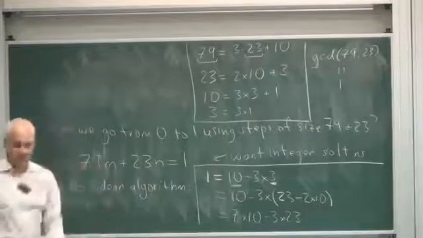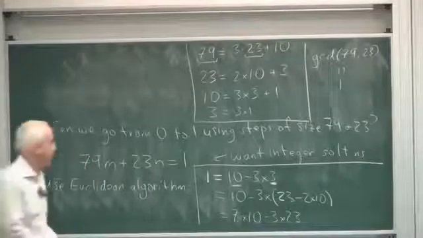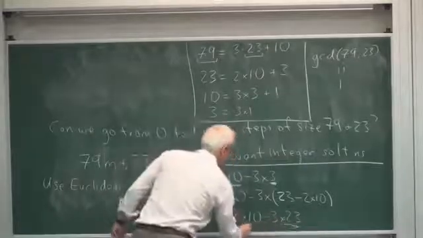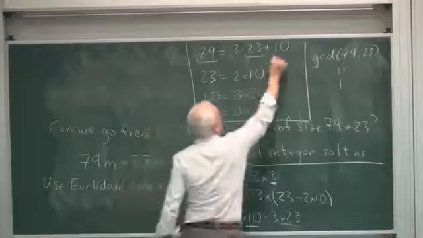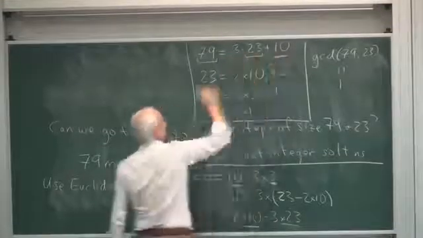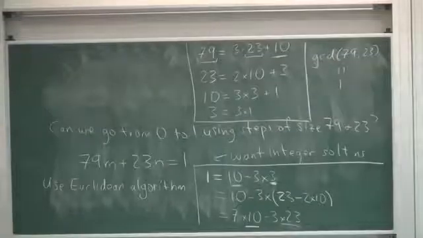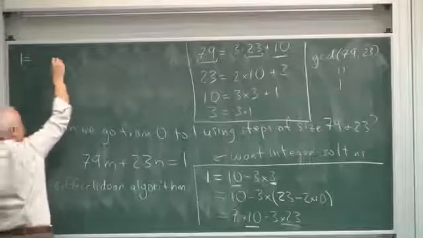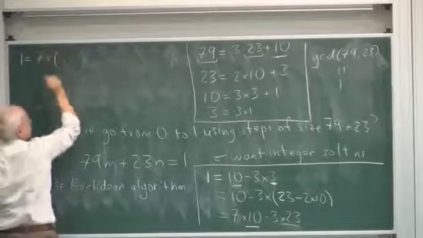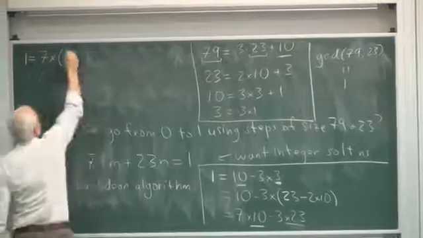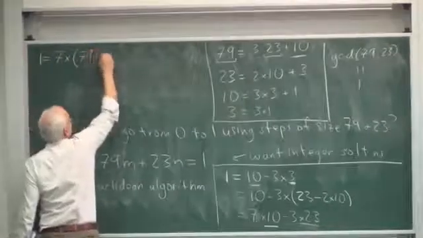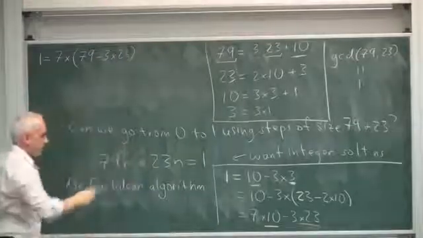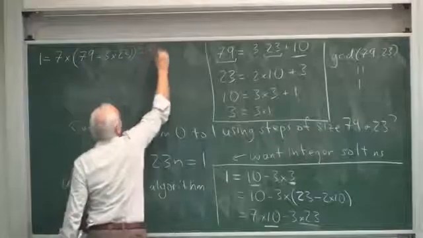Okay, well, now we're going to do the same thing, but we're going to replace the 10 with this 10 up here, expressed in terms of 79 and 23. So 1 equals 7 times, the 10 is going to be replaced with 79 minus 3 times 23. And we still have the minus 3 times 23 left over.